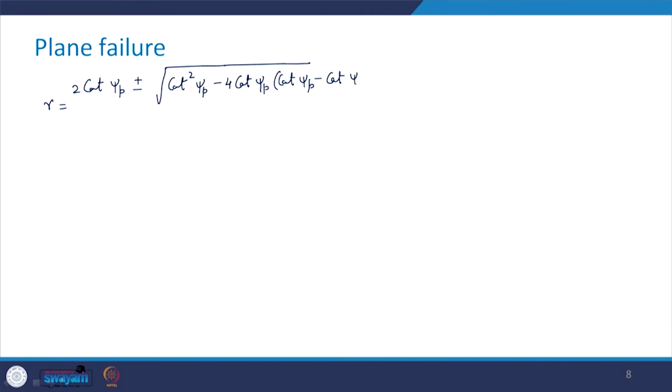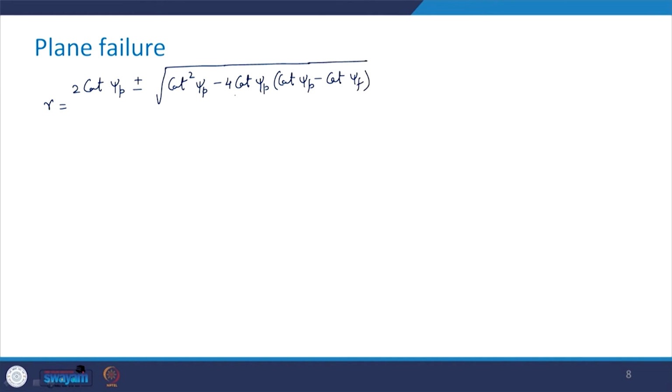So, we apply that and this is how we are going to get the expression for r as 2 cot psi p plus minus square root of cot square psi p minus 4 cot psi p into cot psi p minus cot psi f.